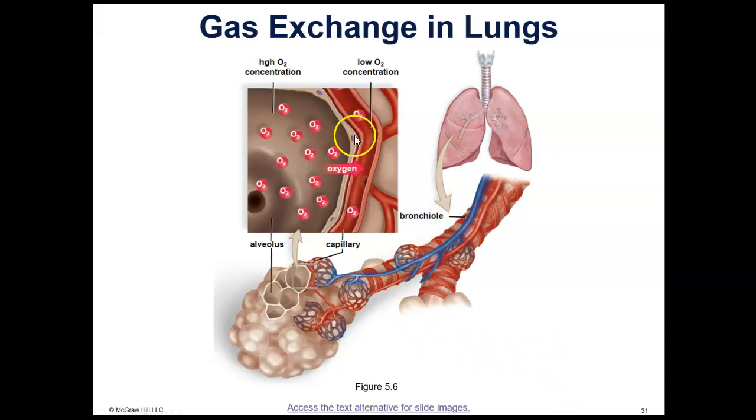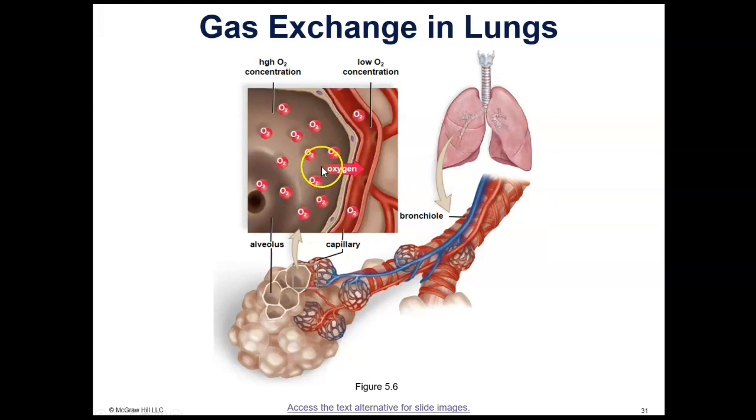But what you're looking at here is an image of the membrane that surrounds the air sacs in your lungs, called alveoli. And this is a blood capillary, which has very, very thin membranes. So when you breathe in oxygen gas, that oxygen ends up in the air sacs of your lungs, in the alveoli.